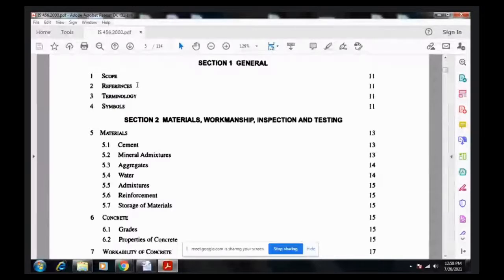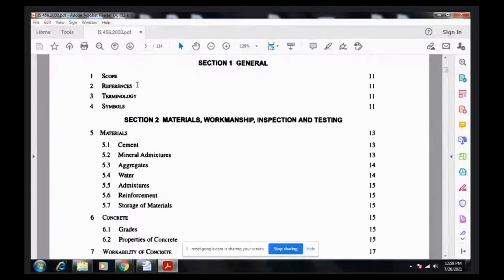Then if I ask, can you tell me about the scope of IS 456? Then one or two sentences you may say, after that you stop. If I ask you what is the basis of this IS 456?